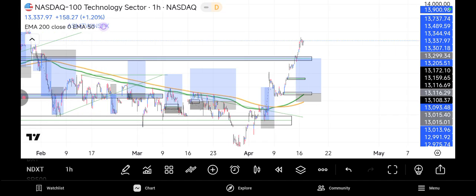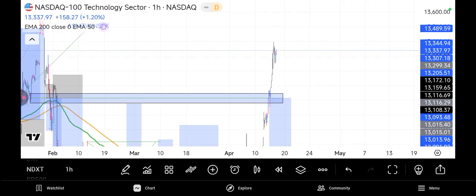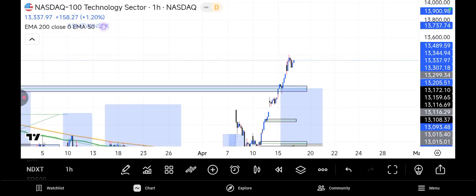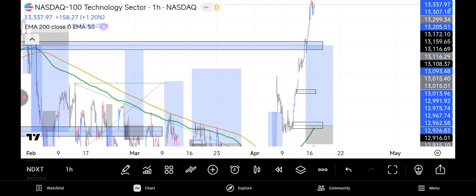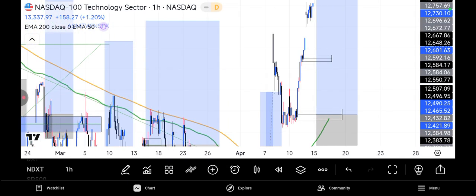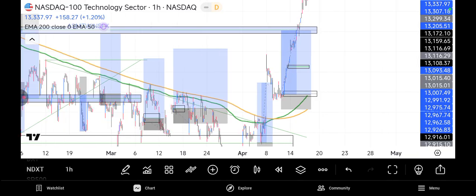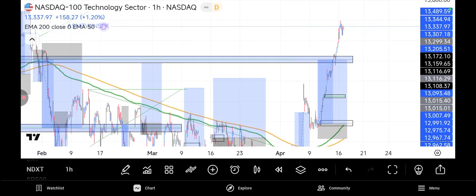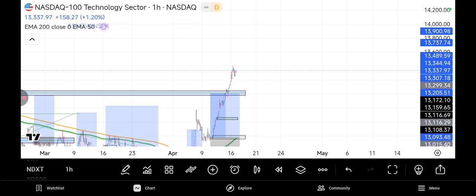So this is Nasdaq. He has broken above this area, so we have to believe that the trend is still a continuation to the upside. So there is no selling on NAS this week. Let's hope he makes a retracement to this flip zone, then we'll buy from this area again.